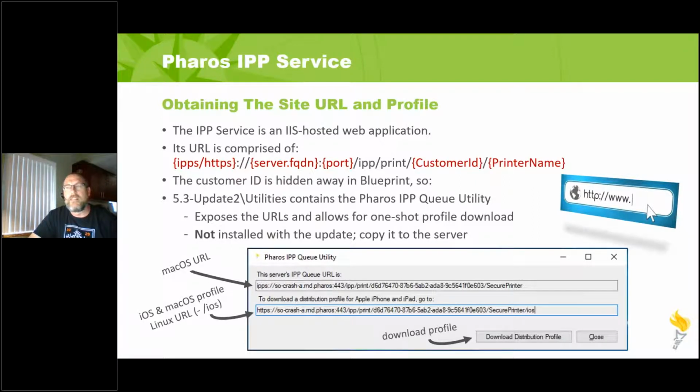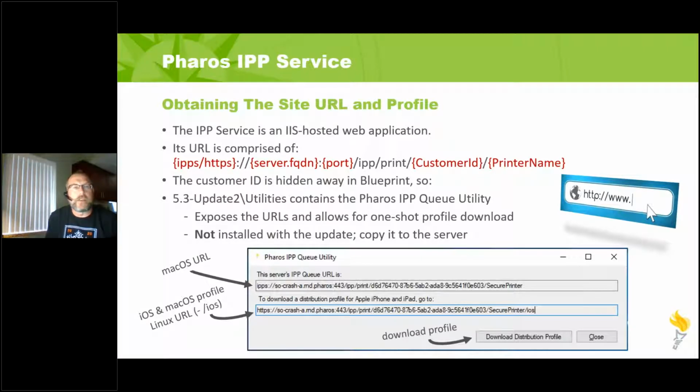It's not exposed anywhere. So part of Update 2's payload is a utility called the Pharos IPP queue utility that, once you've run that on the server, will give you the URLs for both logging in directly from a client or to download the mobile config profile if you're sending it to an iOS device.